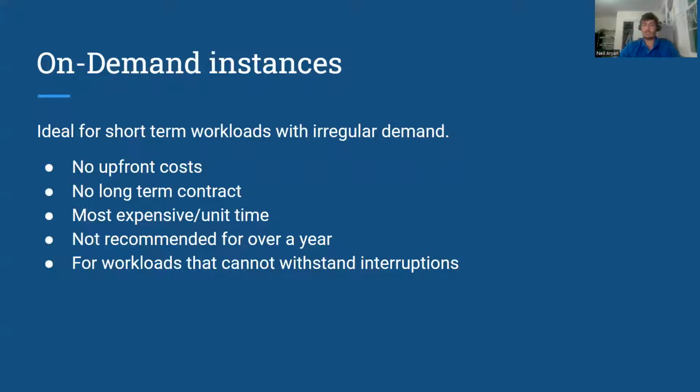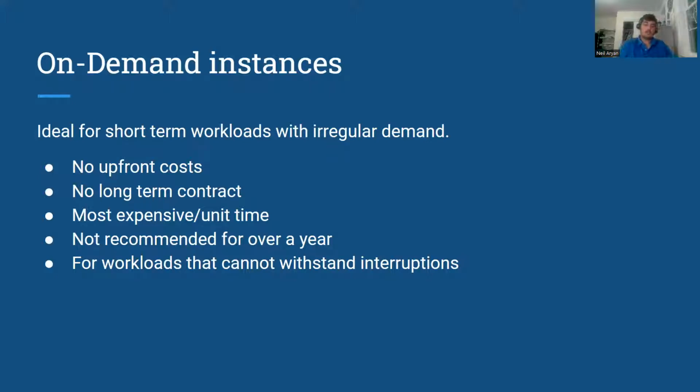The first one we're going to look into is on-demand instances. These are ideal for short-term workloads with irregular demand. So you don't really know how much demand you're going to get. Whenever you pay for these, you can add instances however quickly you so choose. These have no upfront cost and no long-term contract.